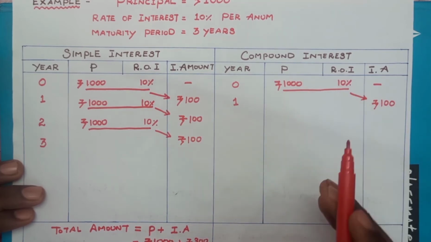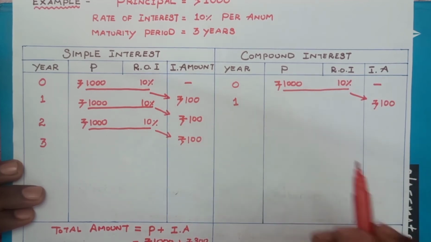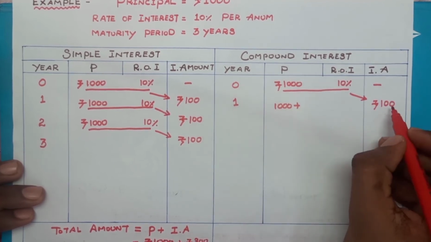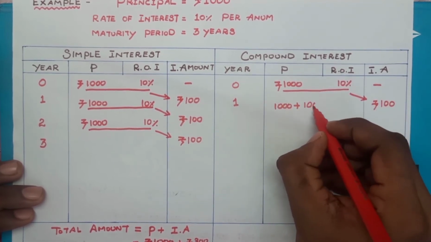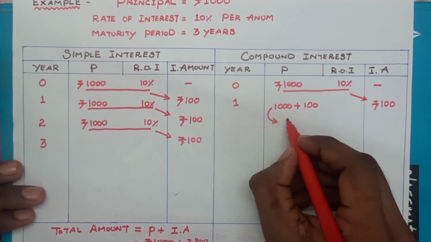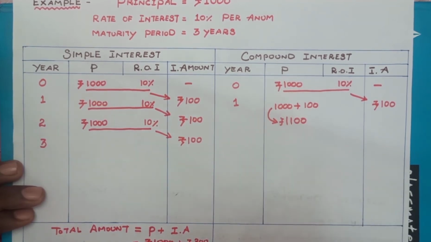So in a compound interest scheme, your principal will be accumulated by your interest amount. That is, your principal will be changed at the completion of every year. So here the previous year principal ₹1,000 and your interest amount of the particular year 100. By addition of these two, we will get 1,100 rupees. Simple.